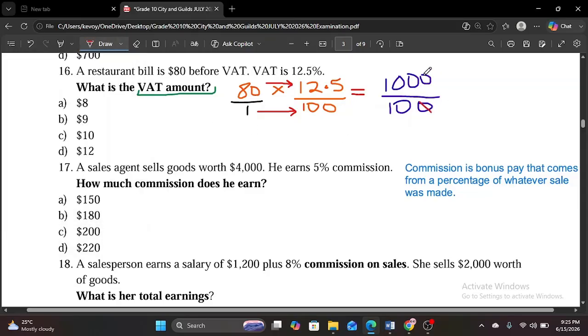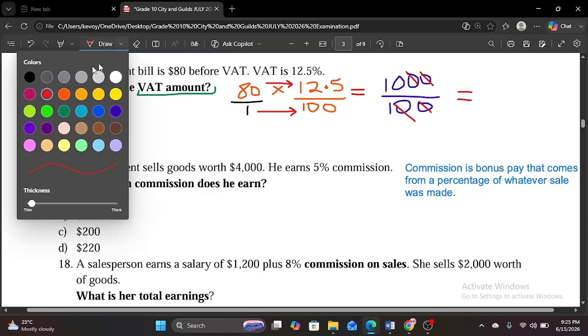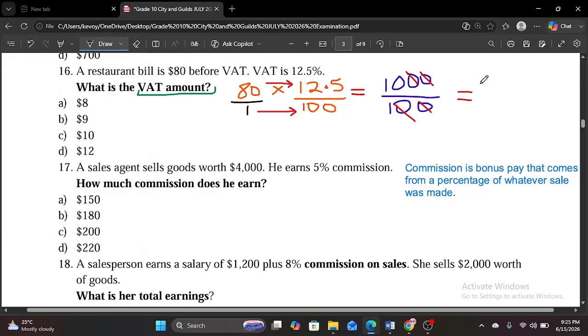So that's going to be 1 from the bottom, 1 from the top, 1 from the bottom, and another from the top. So we have 10 remaining. So that's going to be our answer right there. So our VAT amount is going to be just $10. Value added tax, that's going to be $10.